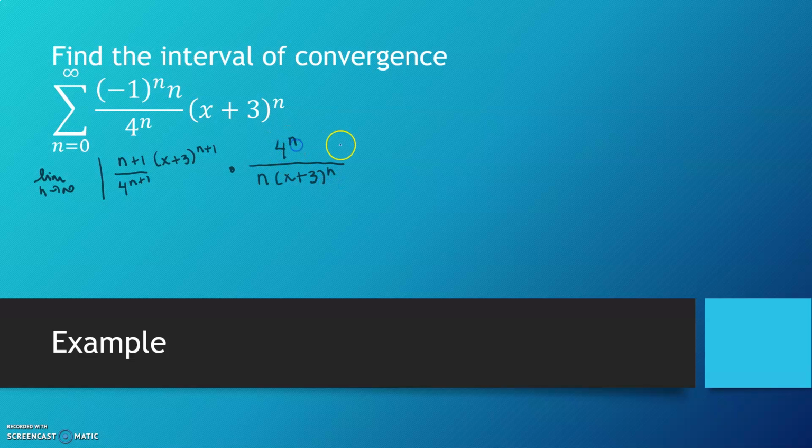Just to be extra clear, the reason I didn't use this negative 1 to the n is because I was doing the absolute value, and so that was not going to do anything for me.